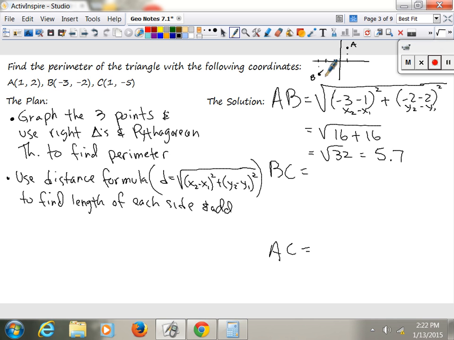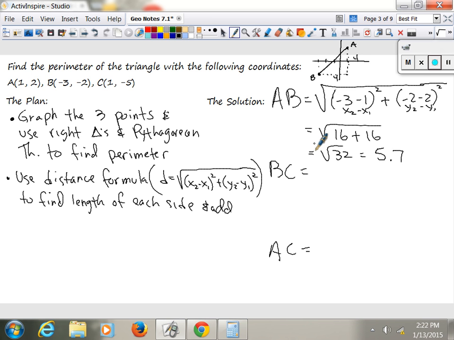That was point B. And if I graphed that line right there, if I made my little right triangle, let's say I was trying to find that length, I would have to go over 4, and I would go up 4. Over 4 and up 4. A, B. 4 squared plus 4 squared, isn't that going to be 16 and 16? Same thing. So you're really using that, but you're putting in the numbers instead of having to draw the graph. So that's all you're doing. So there's the first side.